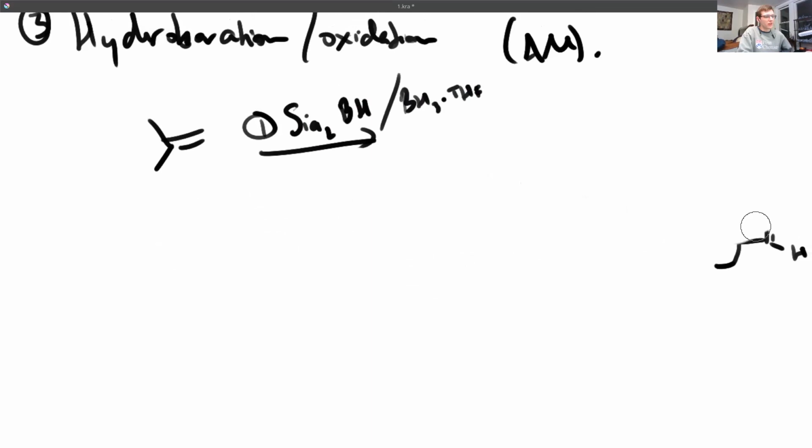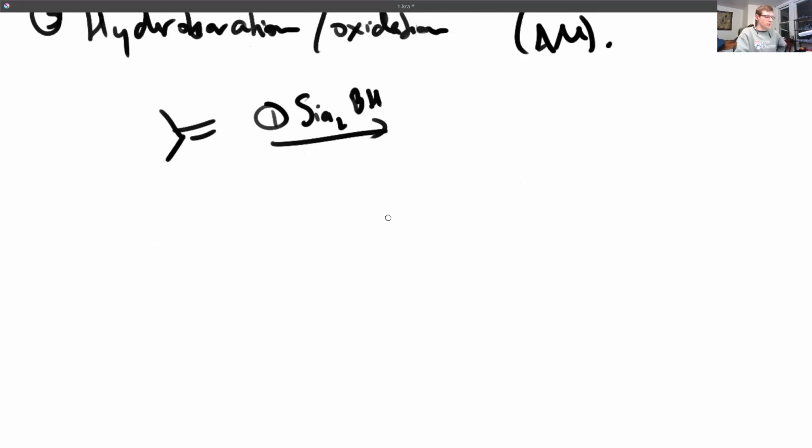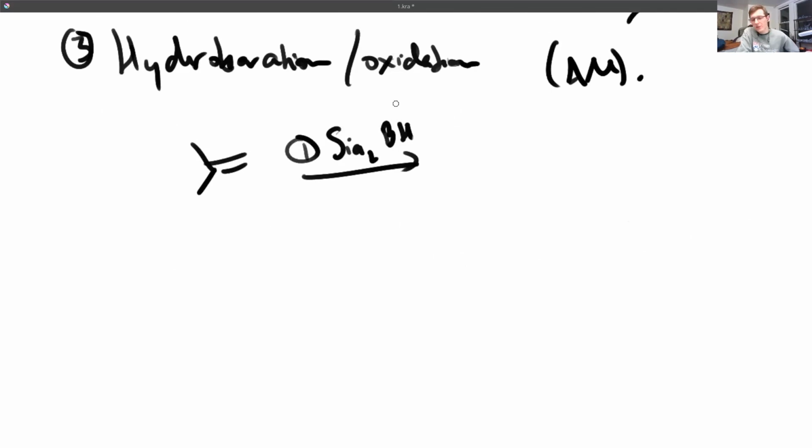So the point is for this one up here, we pick this and then the other step is oxidation, right? And I think to this point in the class, you've only really seen one oxidizing agent, or at least one thing that you specifically use for oxidizing.